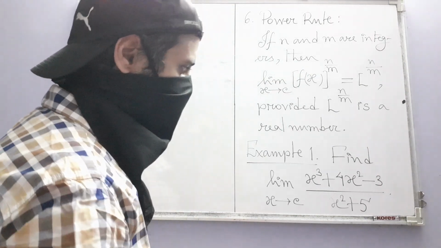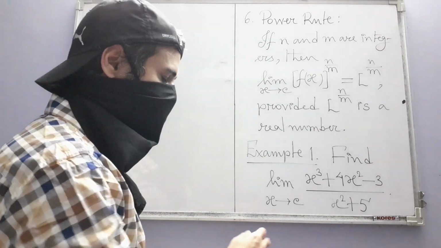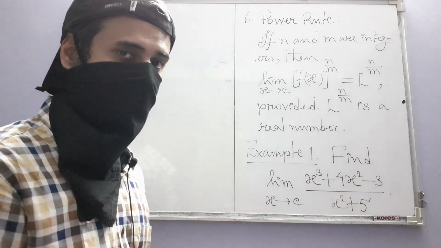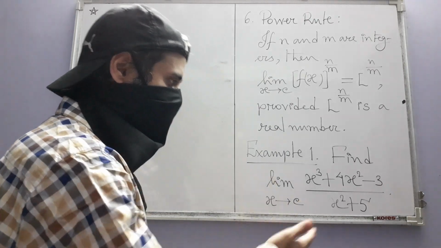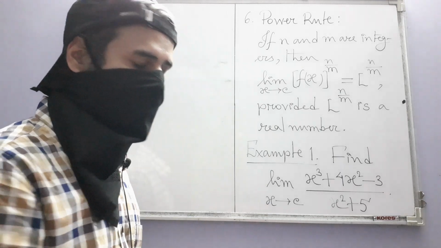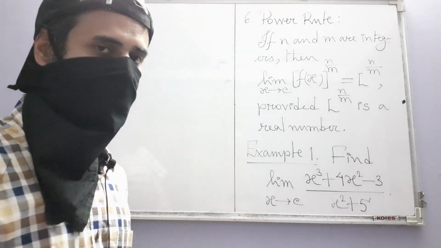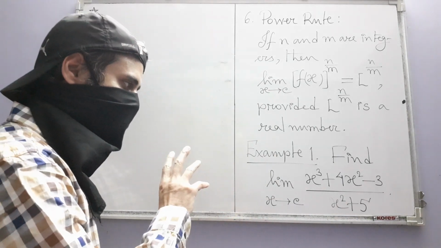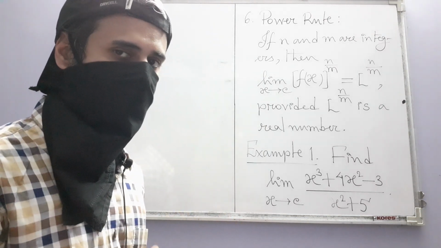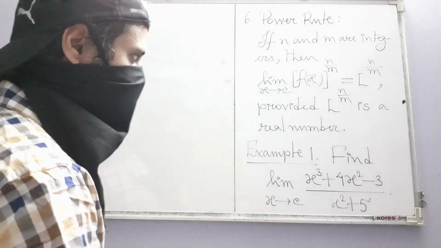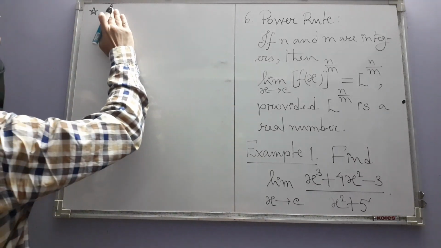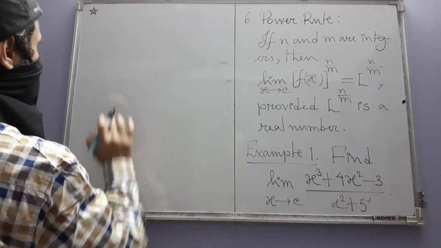So you are not in a position to, well, if you want, you can draw the graph of this function, but then based on different values of c, you will have to see quite a few examples to decide what the limit is, and that process itself is exhausting. It is time consuming. Instead, if we apply these rules, then we can calculate the limit quite easily. Let's see how.